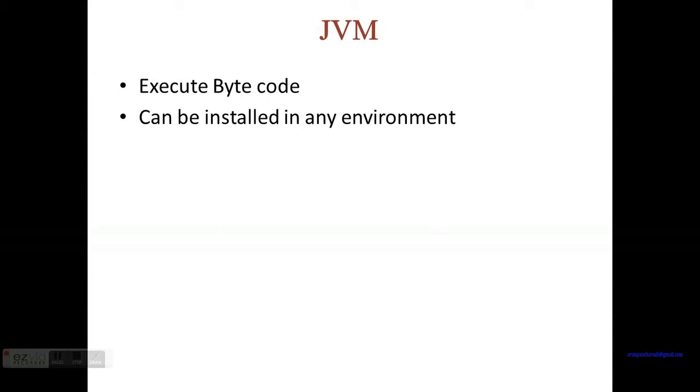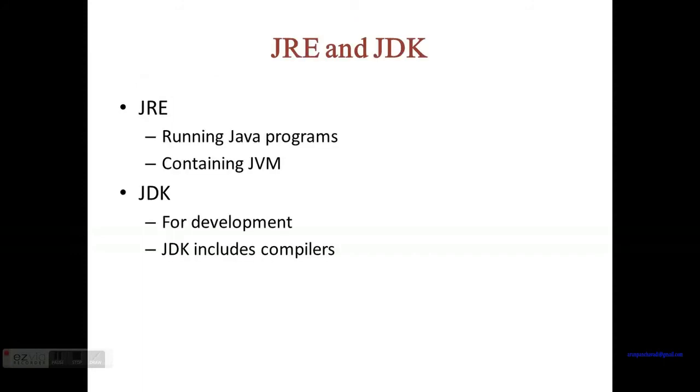Next are the two important parts of Java, that is JRE and JDK. JRE is the Java Runtime Environment and JDK is the Java Development Kit. JRE contains a JVM which is capable of running your Java programs.